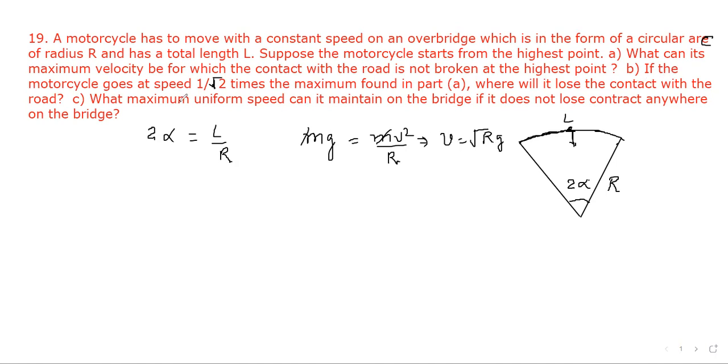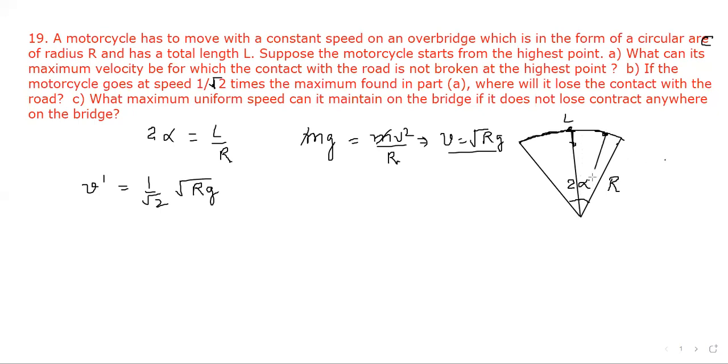Now, if the motorcycle goes at a speed 1 upon root 2 times the maximum found in part A, so now the new speed is v dash, which is 1 upon root 2 times root rg. So we have to find out the point where it loses contact.